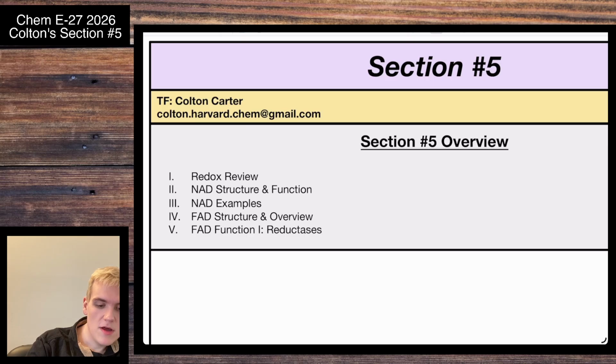So a base comes along, deprotonates the H on the alcohol. This folds in, makes the carbon-oxygen double bond, and then an arrow goes from the bond of the CH here, so that's the hydrogen traveling with its electrons, to the top carbon of our NAD. Now, once it's on the NAD, we need to get rid of one of the bonds here.